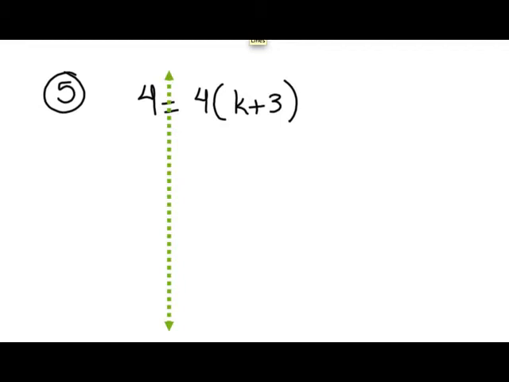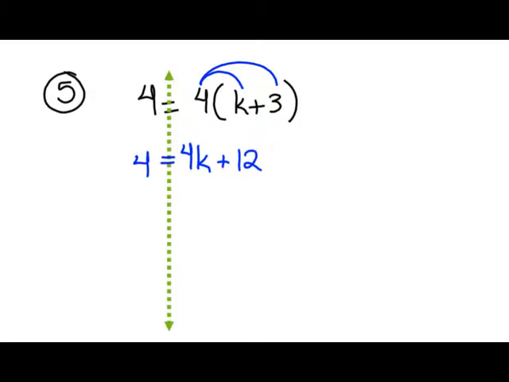Now you can flip-flop the sides using the symmetric property, or you could just leave them as is, which I'm just going to do. Step 1, we still distribute, so 4 times k is 4k. 4 times 3 is 12. The reason why we do that is to get rid of the parentheses. Equals 4.